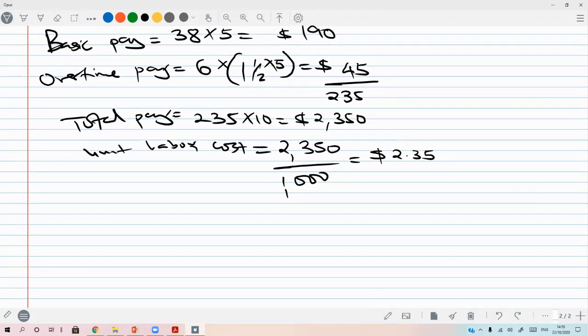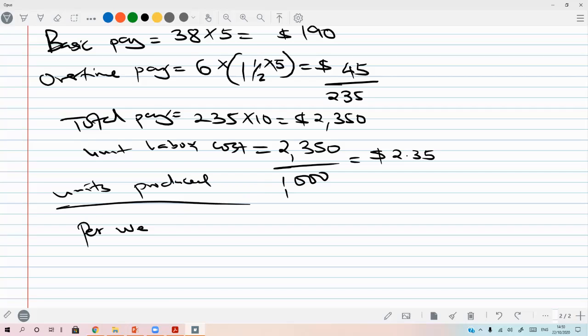First, the number of units the employee is producing: units produced by the employee per week is equal to 110. Okay, so the units per week per employee is 110 units.